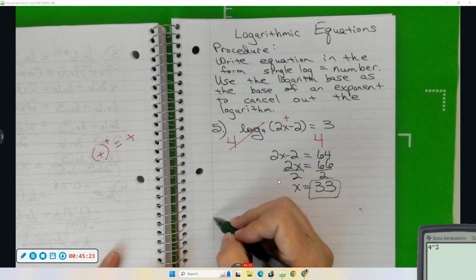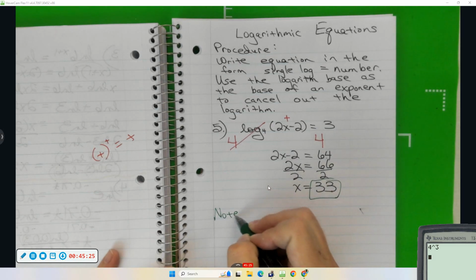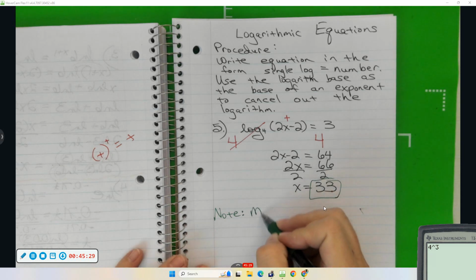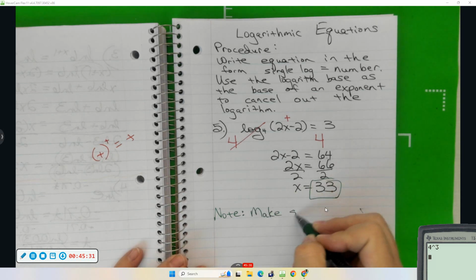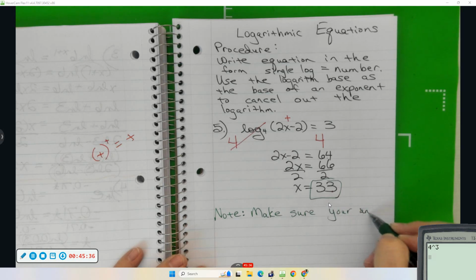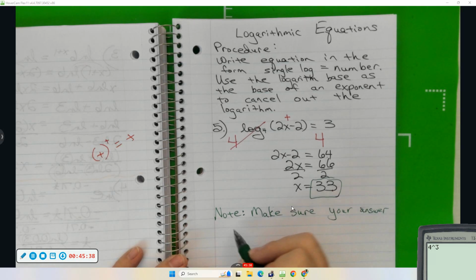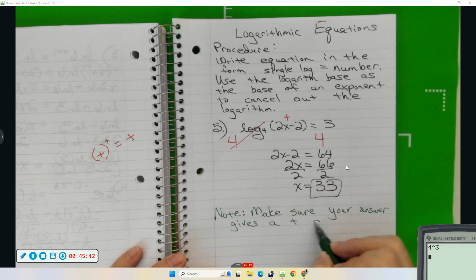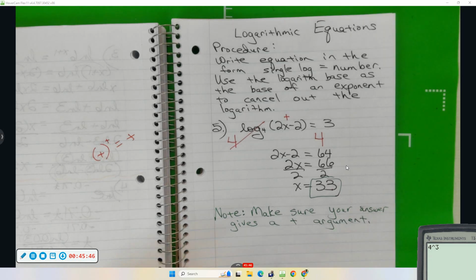So I'm going to say note: once you solve the equation, make sure your answer gives a positive argument. Remember, the argument is the thing that comes after the logarithm.